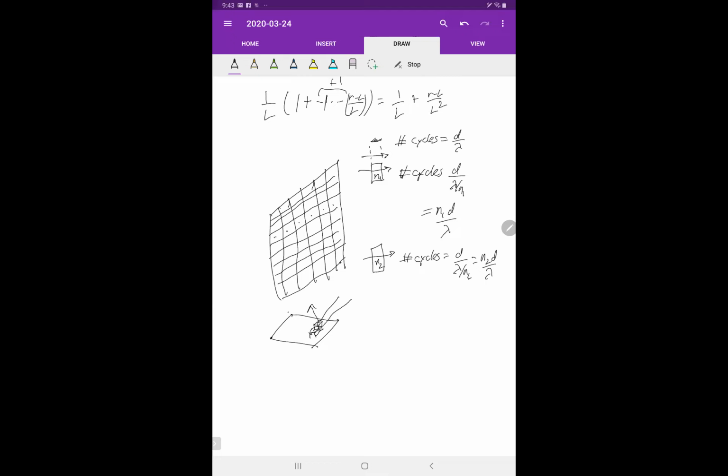This one is going to travel a longer distance, have a longer phase shift. And so when we add up these two pixels, we're adding up the diffraction pattern of a square or rectangular aperture that's at this distance and a square or rectangular aperture that's at a slightly different distance.